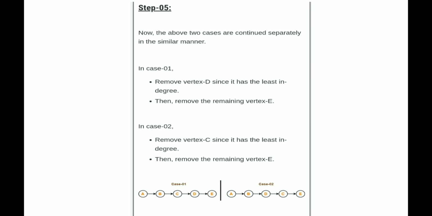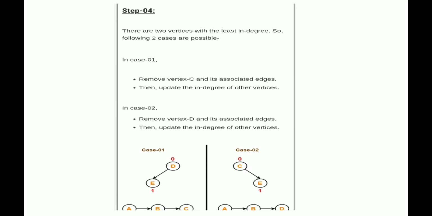So in the last step, in case number 1, we can remove D because the in degree of D is 0. After removing D, there will be only one vertex, that is E. So first we can remove D, then we can remove E. But in case number 2, the in degree of vertex C is 0, so first we can remove C, then there will be only one vertex, that is E. At the end, remove E also.